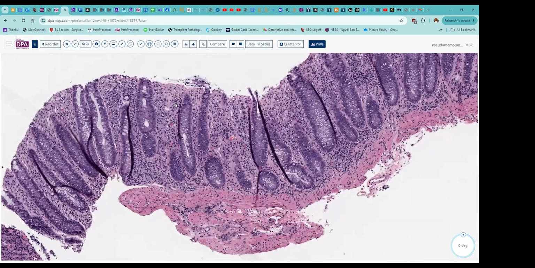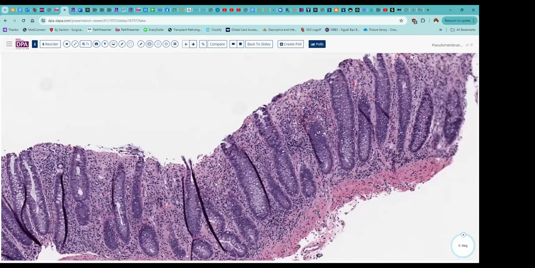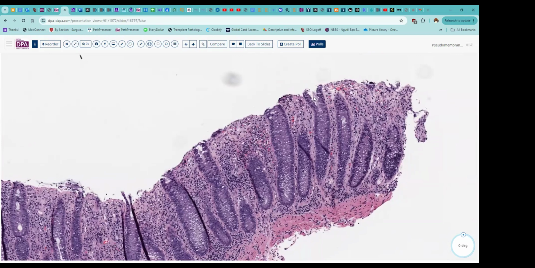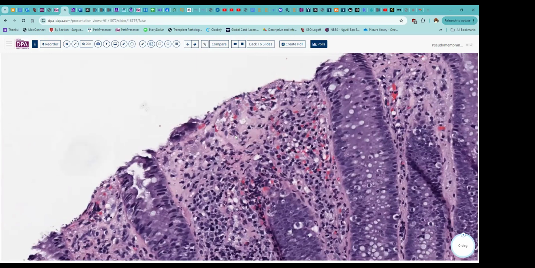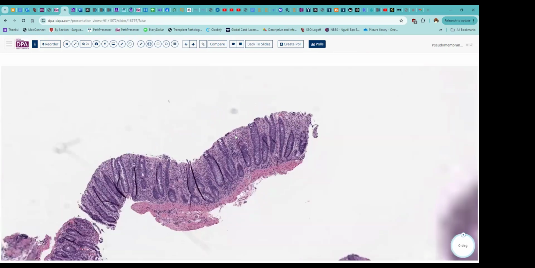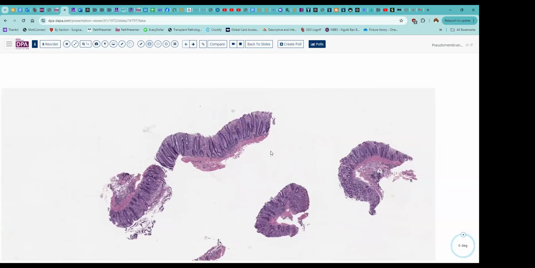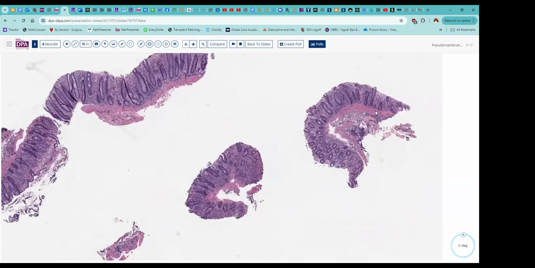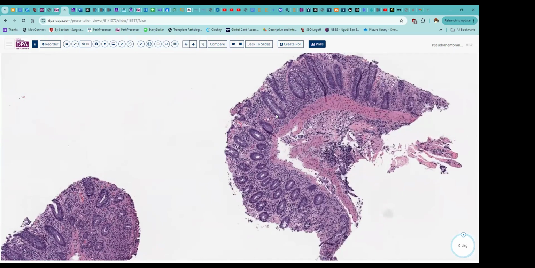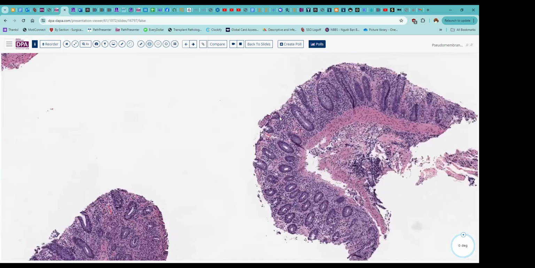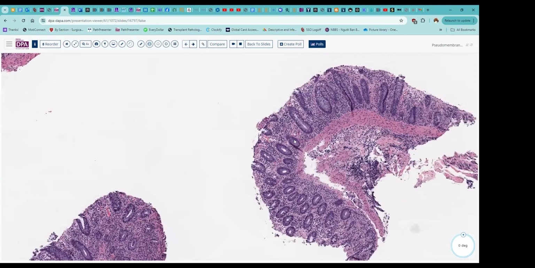But this loss of surface epithelium indicates that there's something going on here. And notice also we have a little bit of subsurface fibrin. So I think this is a very early example of a sort of pseudomembranous type colitis.